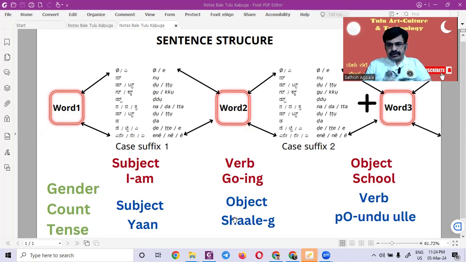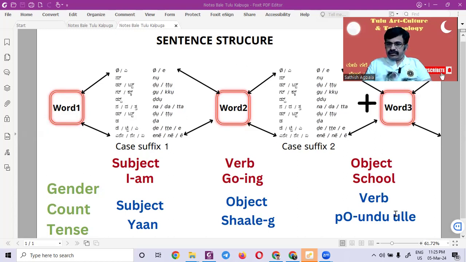Also at the end, while using the verb, think about the gender of the subject, the count of the subject, and the tense. Based on that, it will change.